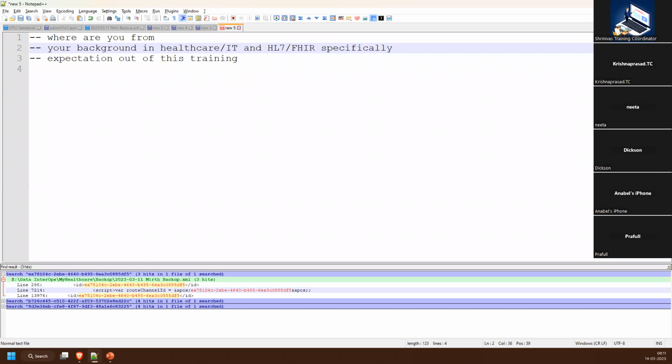I've been in the integration space for almost 10 plus years, and I'm more into HL7. I had a couple of trainings in FHIR, but never got a chance to do hands-on with FHIR. We were trying to set up HealthLake, but it's all in the beginning stage.